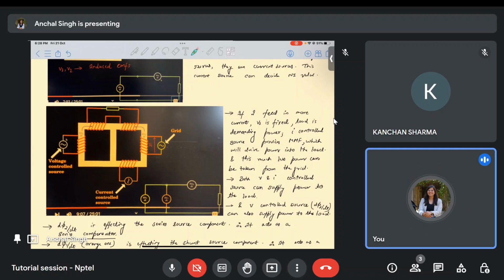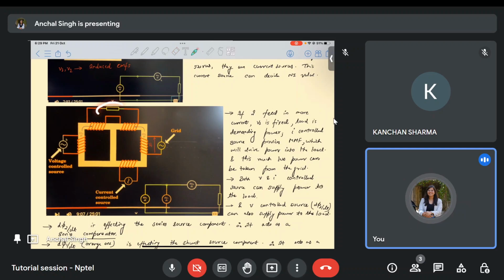Therefore, if we want to connect something else, we have to connect it in current controlled mode. So we have to connect that converter in such a way that it acts as a current controlled converter. When we connect it as a current controlled converter, it and the grid together are now supplying power to the load.